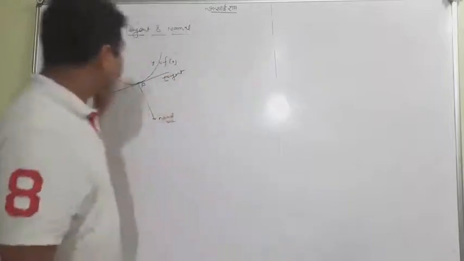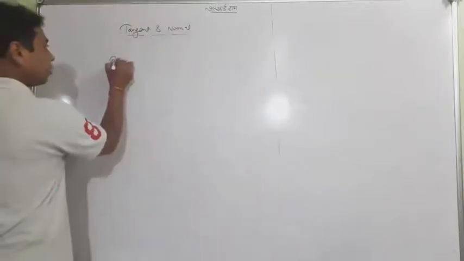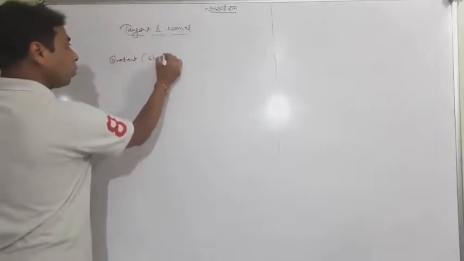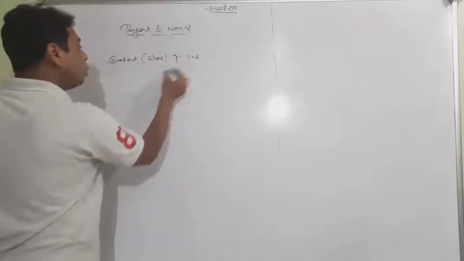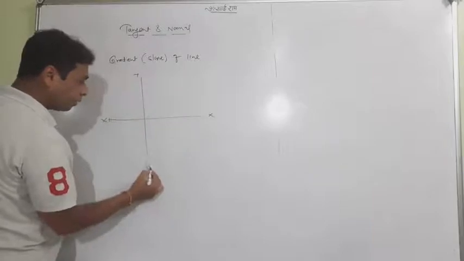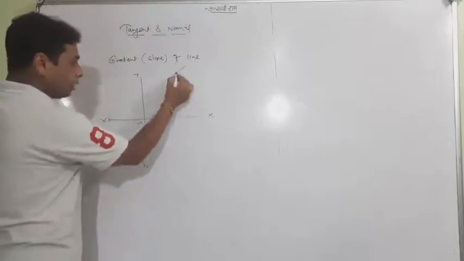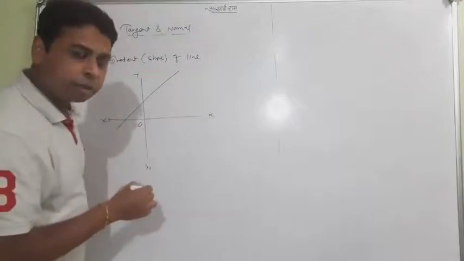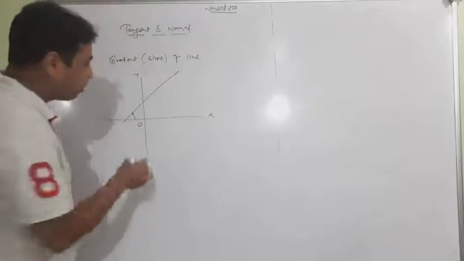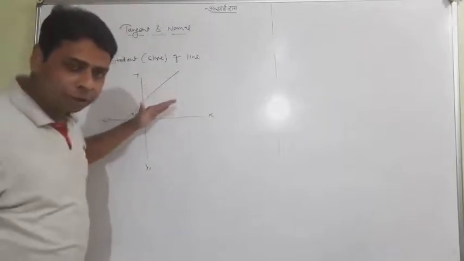Okay. So first of all, I tell you about the gradient or the slope of any line. You remember in class 11th that we saw this is the line, and this line is making an angle theta with the positive direction of the x-axis in the anti-clockwise direction.